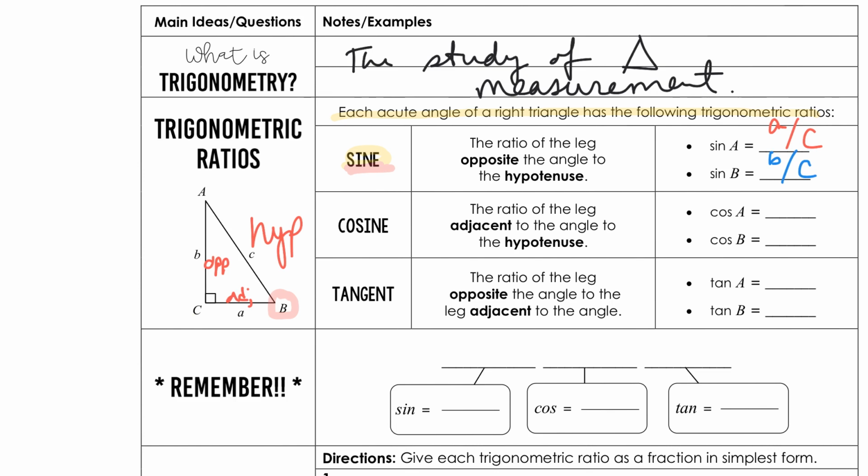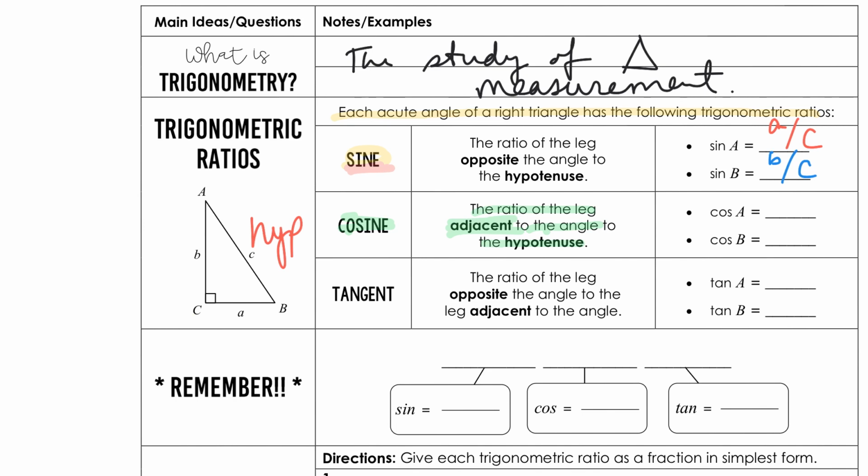Okay? So now, the hypotenuse is always across from the right angle. So now, looking at cosine, cosine is the ratio of the leg adjacent, meaning the one touching the angle, and the hypotenuse.